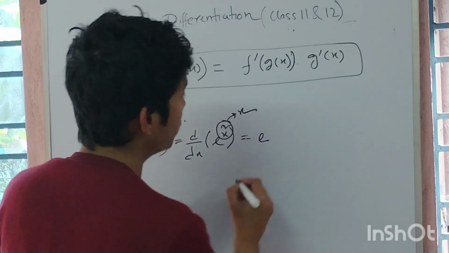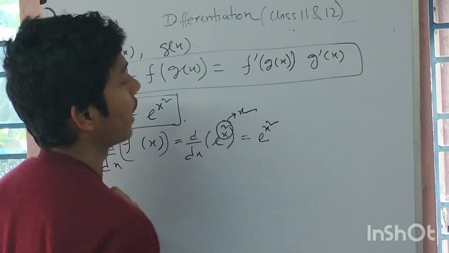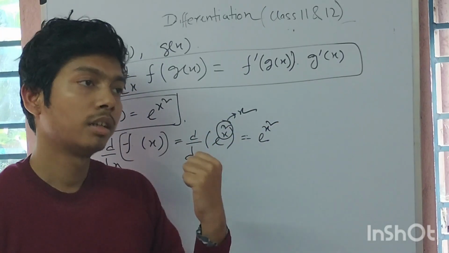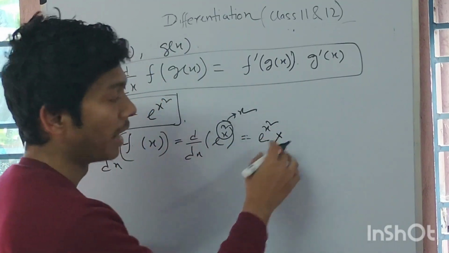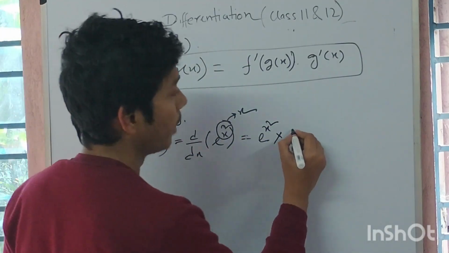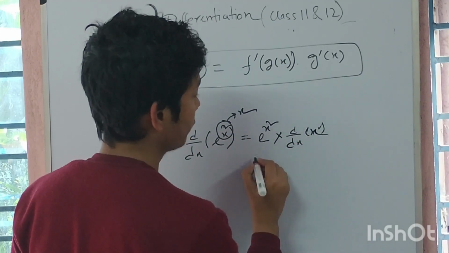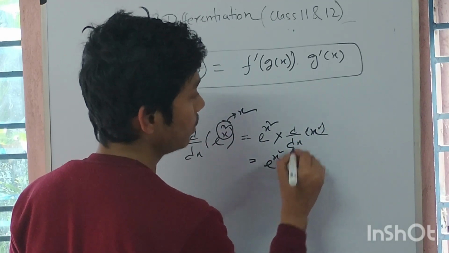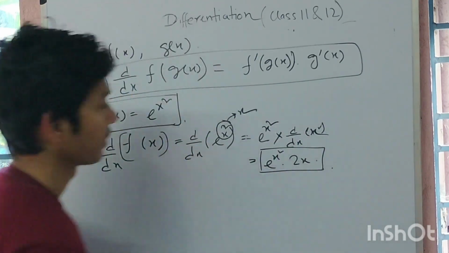So that will be e to the power x. You have assumed x as x square, so e to the power x square. And now you multiply the derivative of x square. So it will be e to the power x square into derivative of x square, which is 2x. This is your answer.